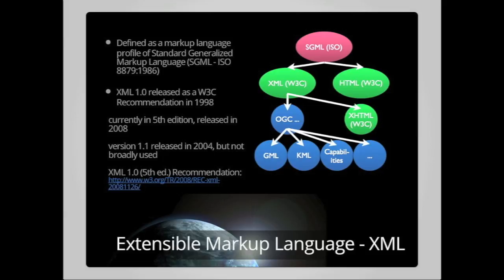And this is where the different applications based on XML that we will be working with come in. As you can see in the diagram on the slide, there's a version of HTML based on XML called XHTML, which is also a W3C standard.